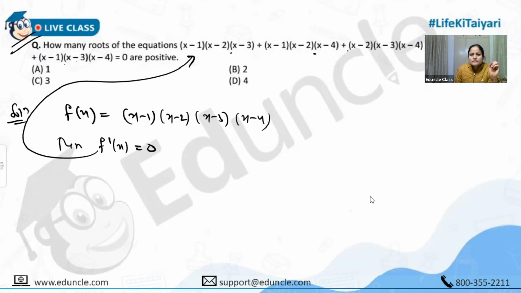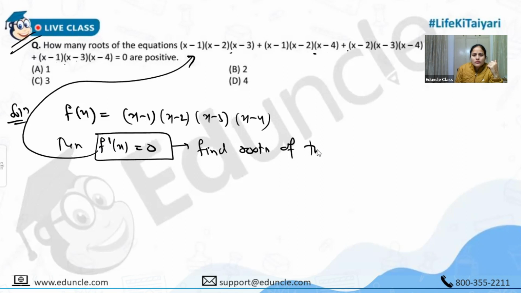ठीक है. If you take the derivative of this function, you will have 4 terms now, a sum of 4 terms. ठीक है? So now I want to find roots of this derived equation.